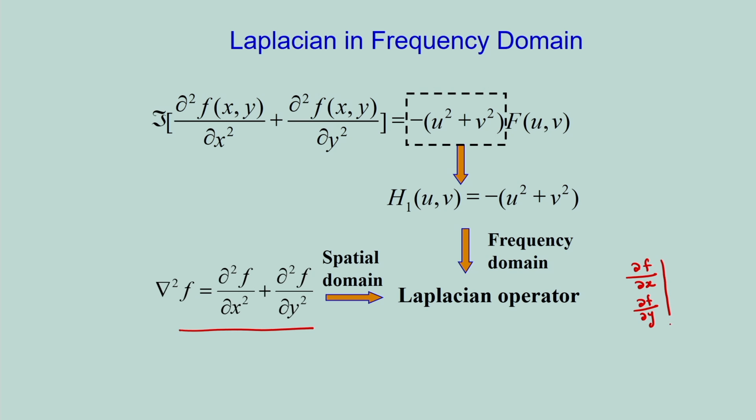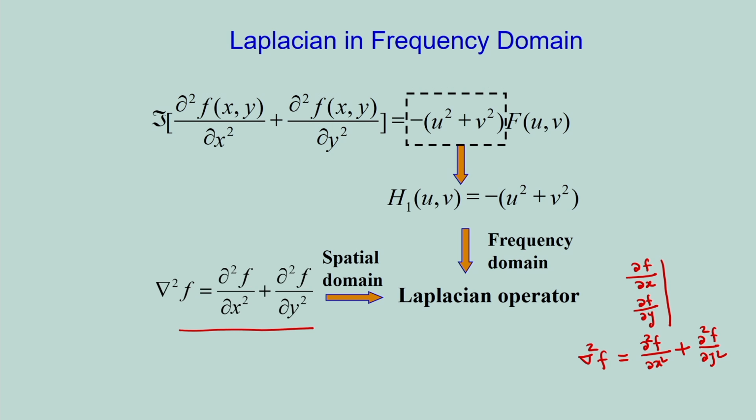This is the gradient. And what about the second order derivative? The second order derivative is del 2f del x2, and another one is del 2f del y2. And if I consider this one, that is nothing but the Laplacian of the image. So this Laplacian I will explain later on.